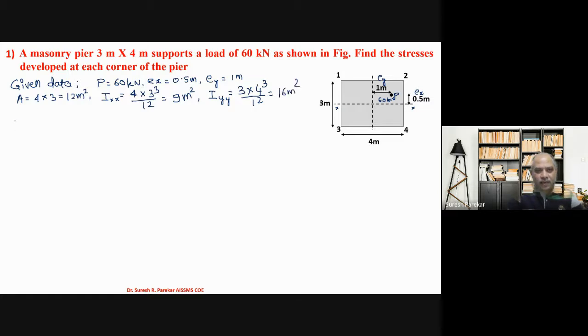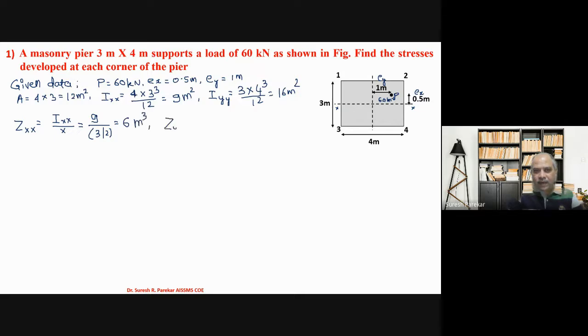Then we will calculate Zxx, which will be Ixx upon x by 2, or Ixx upon x, which will be 9 divided by 3 by 2, and that will be 6 meter cube.